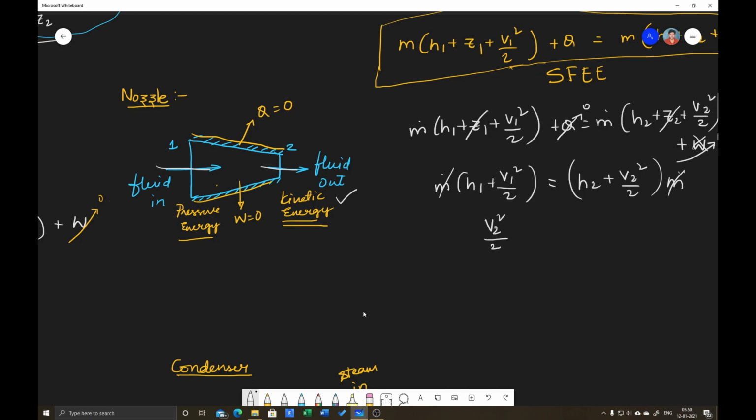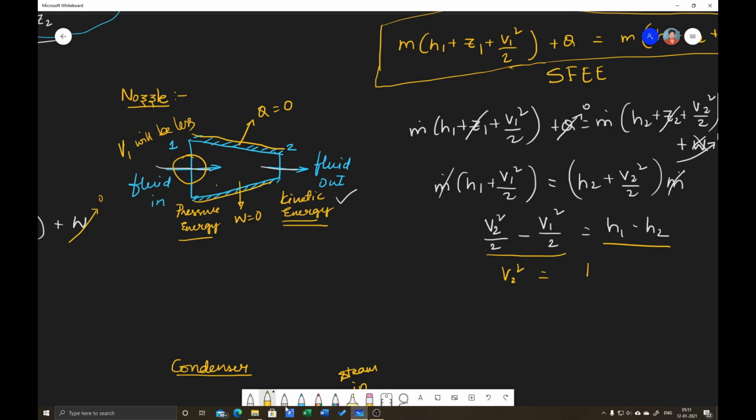So finally we get v2 square by 2 minus v1 square by 2 is equal to h1 minus h2. That means the enthalpy change is getting converted into an increase in kinetic energy. In some cases we may neglect v1 because at the inlet of the nozzle the velocity will be low; in some cases we have to consider it.